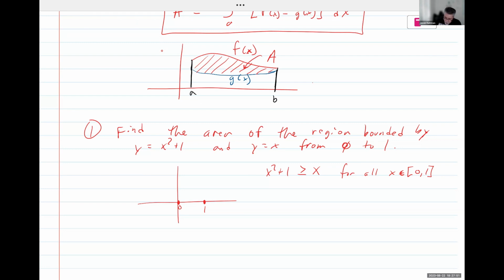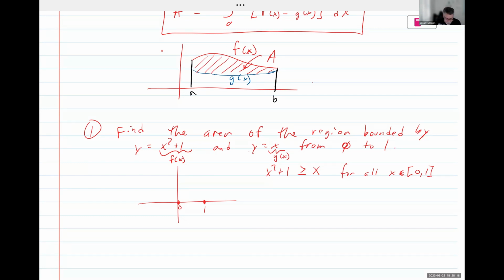Why is that important? Well, that's important because this is then going to be my f of x, and this is going to be my g of x. I need to know which one's on top and which one's on bottom, which one's greater and which one's smaller, so that I subtract in the correct order. If I get the order of subtraction wrong, I get the integral wrong.